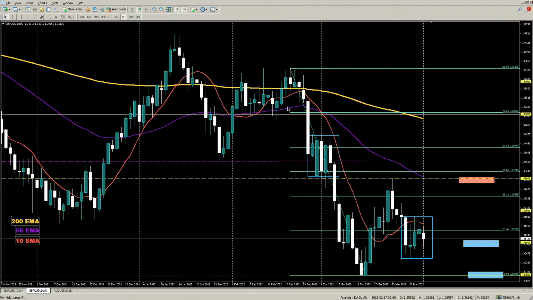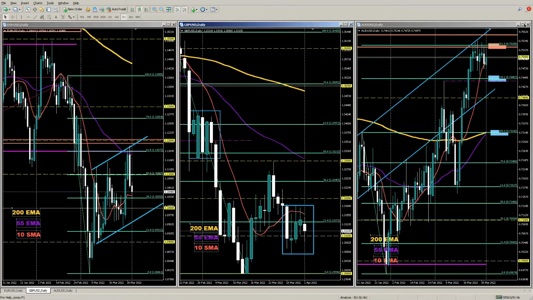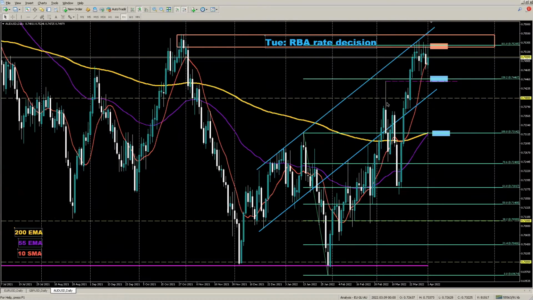All right, let's move on to the Aussie dollar. And after hitting the key resistance up here at the 162 fib extension, and within this resistance box here, it has maintained and not wanting to give up yet, and avoiding any significant pullback lower.